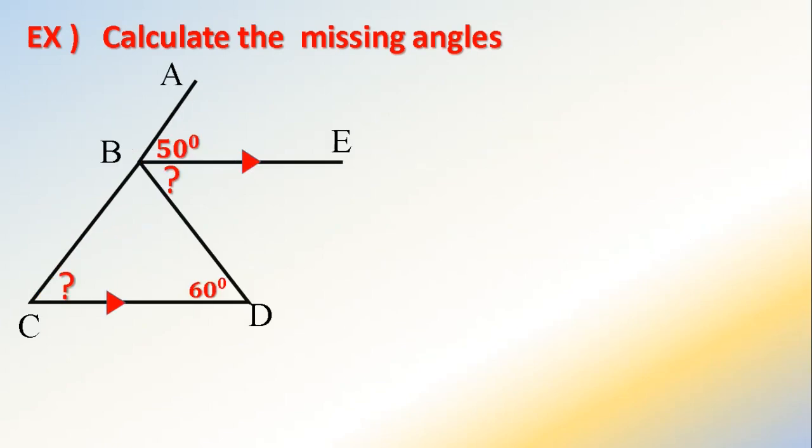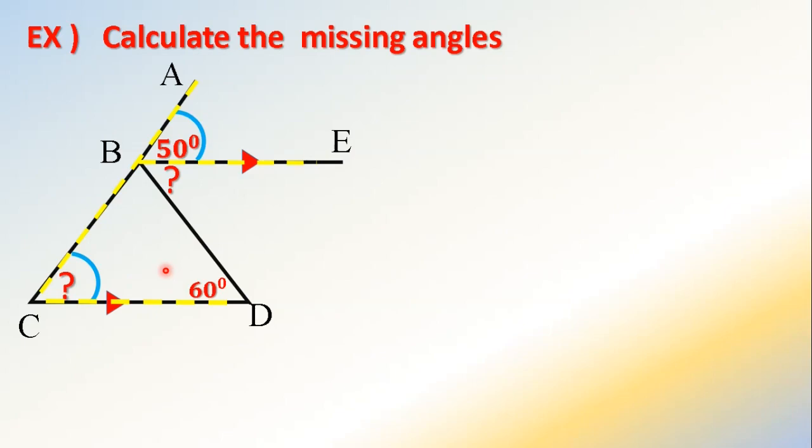Good. In this last exercise, we need to calculate the two missing angles. Can you find the measure of angle BCD? The two lines BE and CD are parallel, and the line AC cuts these two parallel lines. So if we look at this figure, we can say that this angle and this angle are corresponding angles and they are equal.